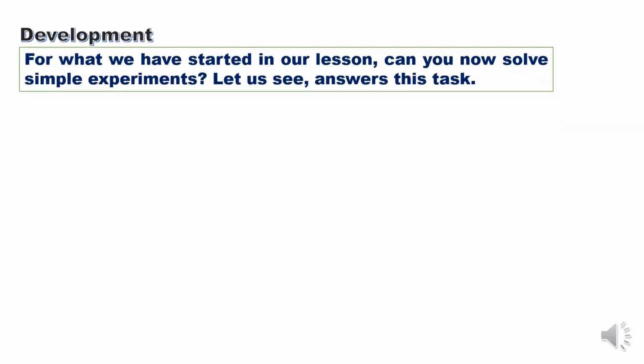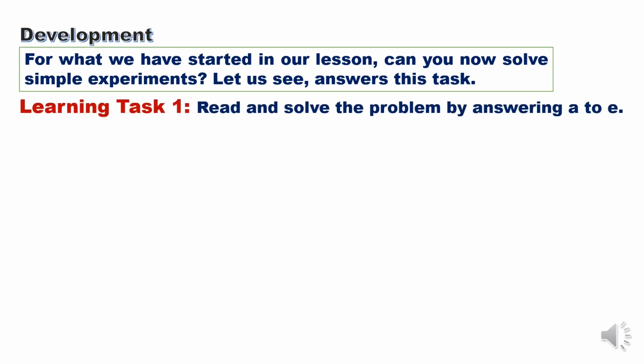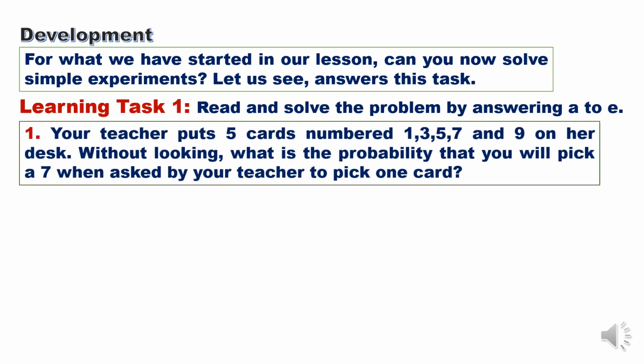For what we have started in our lesson, can you now solve simple experiments? Let us see through this task. Learning task 1. Read and solve the problems by answering A to E. Number 1. Your teacher puts 5 cards numbered 1, 3, 5, 7, and 9 on her desk.